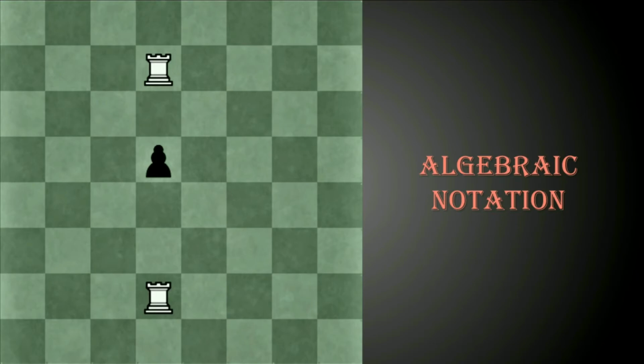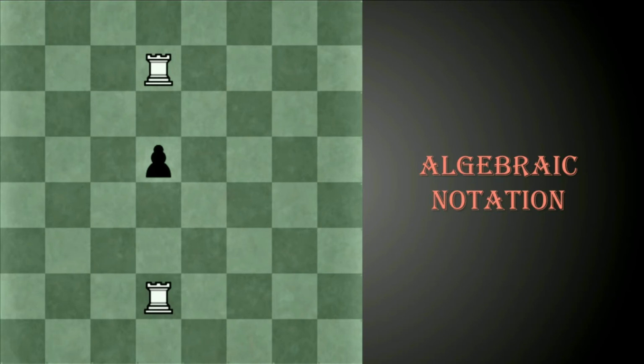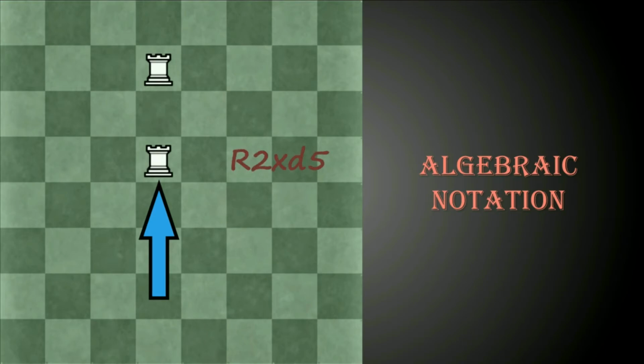Though they are on the same file, the rank differentiates them. So, if this rook is your pick, just write it down as R7 cross d5. 7 represents the 7th rank from where the rook moved. And if you pick the rook on the 2nd rank to capture the pawn, then R2 cross d5.